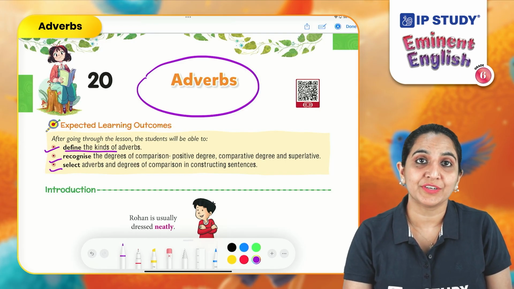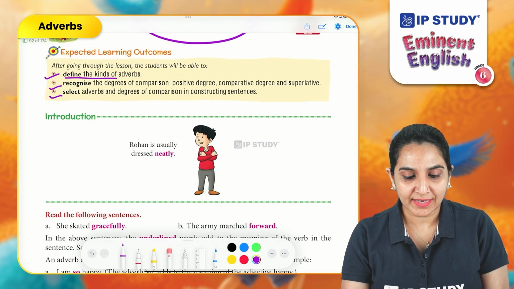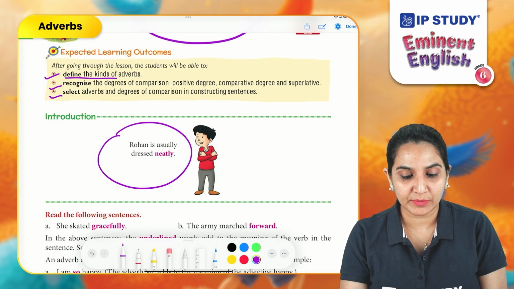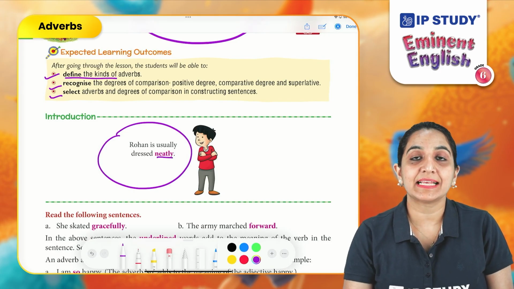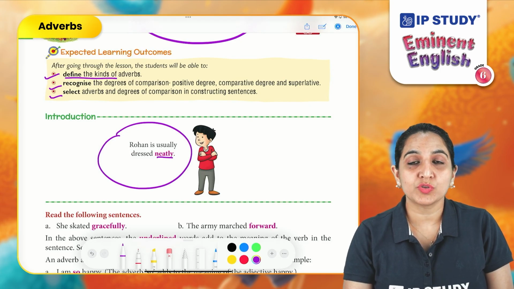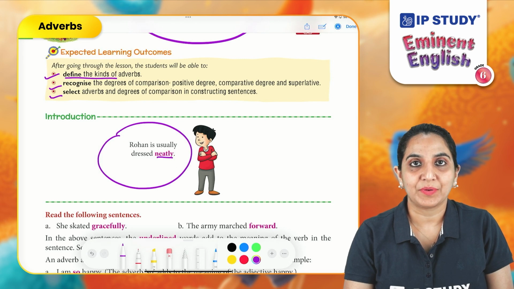Before we go further, let us discuss this example. Rohan is usually dressed neatly. Now here the word neatly is adding more information to the verb dressed, and it is also describing how Rohan dresses up. So this is an adverb.